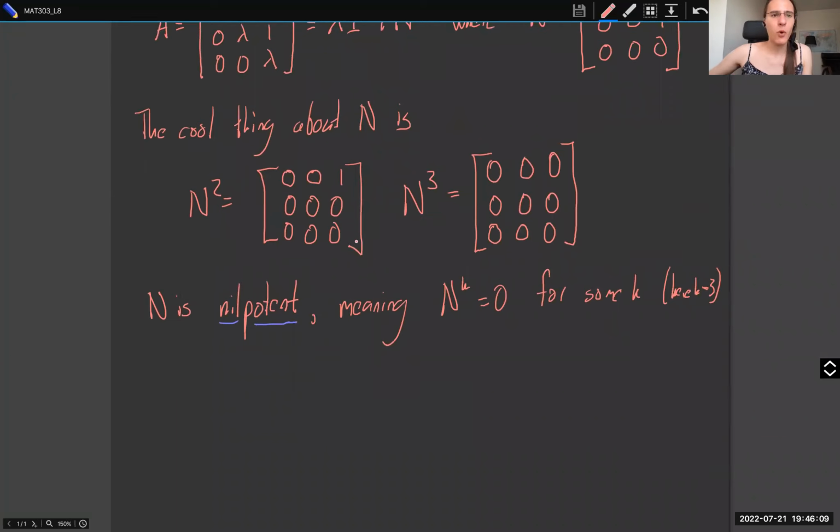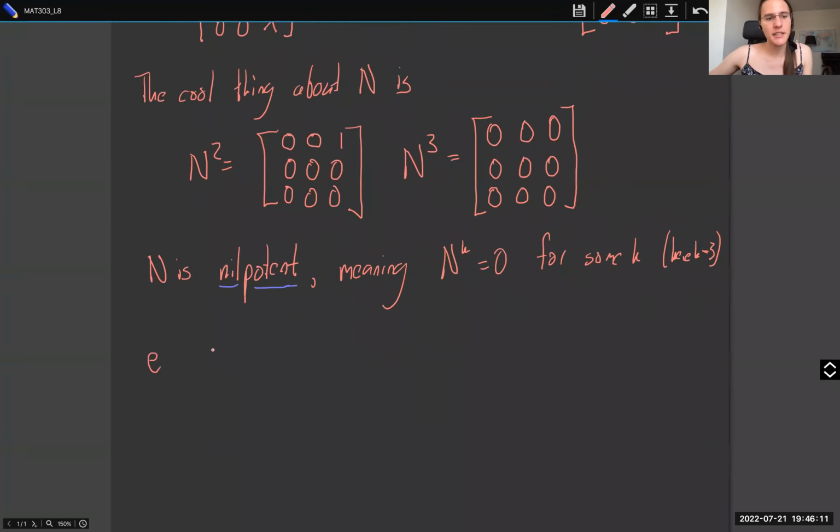Okay, now if we want to calculate e to the At, what that's equal to is e to the (lambda t I plus tN), right? Now, does a multiple of the identity matrix commute with N?